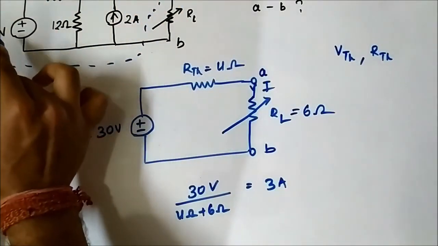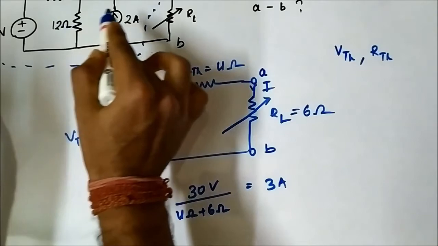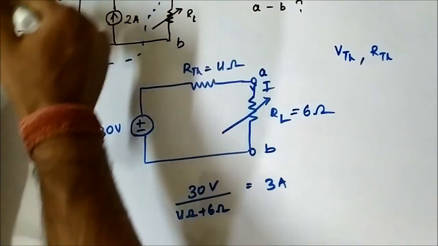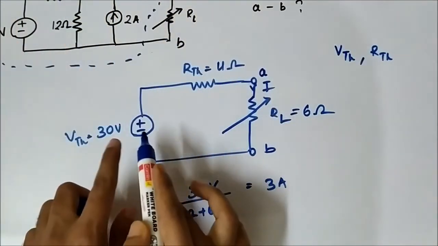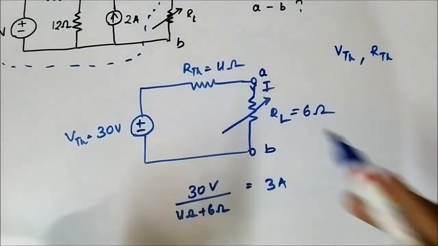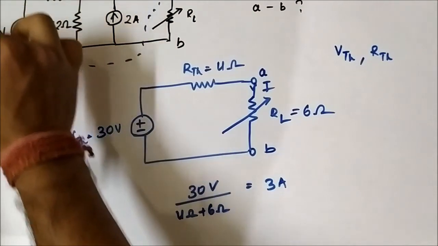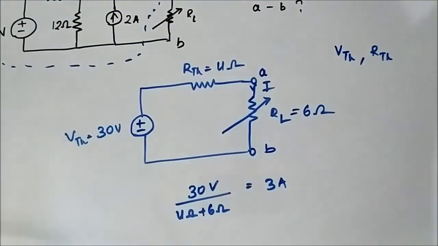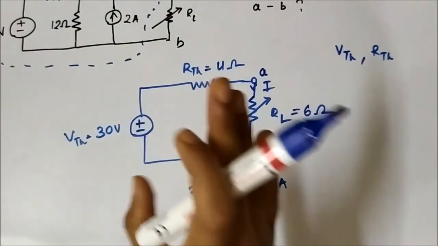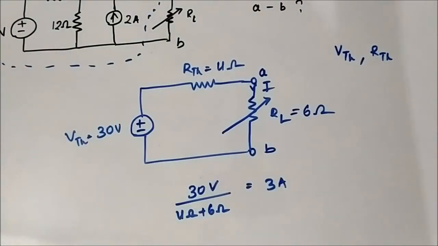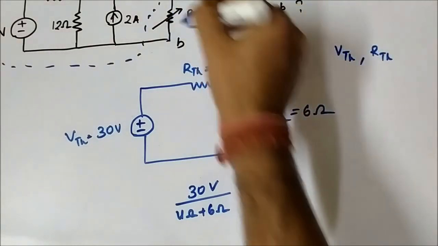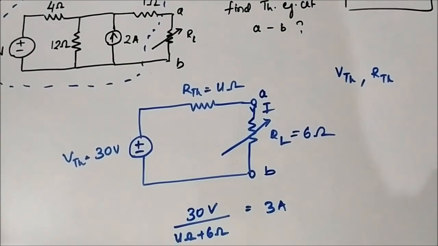The whole network, 32 volt, 4 ohm, 12 ohm, 2 ampere, 1 ohm, connected in the arrangement shown here, is the same as 30 volt in series with RTH 4 ohm. We have replaced this whole complicated network with this simple arrangement, and that is the whole point of using Thevenin's theorem, to simplify a circuit. So here we found out the Thevenin equivalent circuit across points A and B as it was asked.